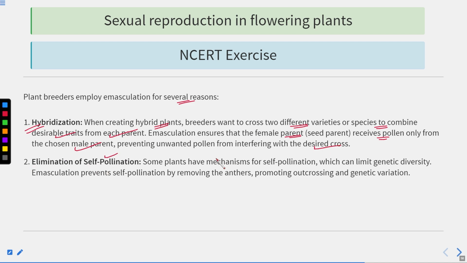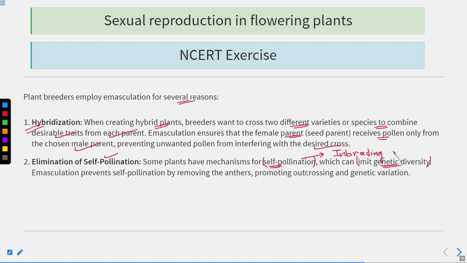self-pollination. Some plants have mechanisms for self-pollination, which can limit genetic diversity. Self-pollination enhances inbreeding, and if there is repeated self-pollination, it can limit the genetic diversity. Clear? Self-pollination can lead to inbreeding depression.